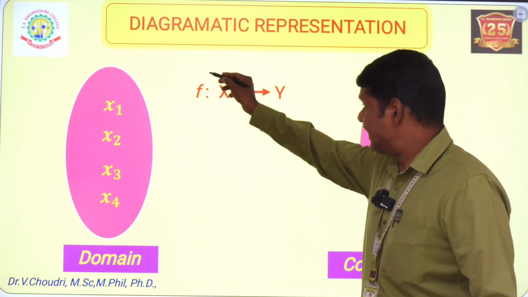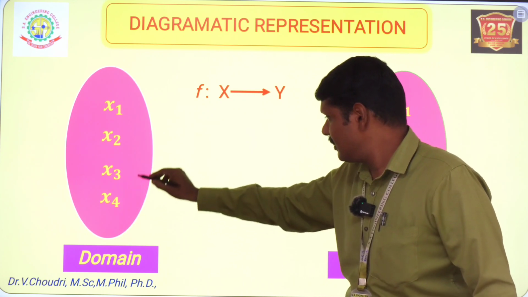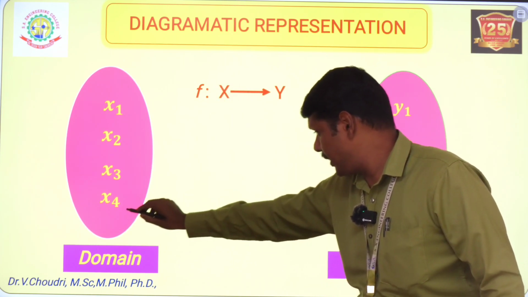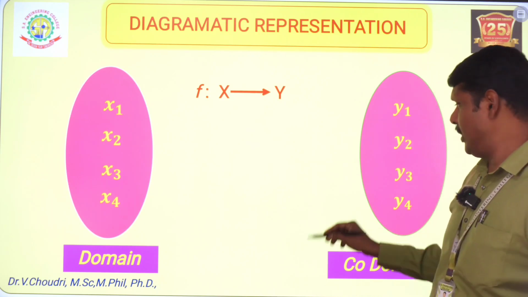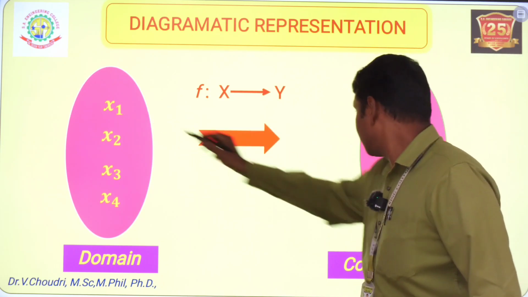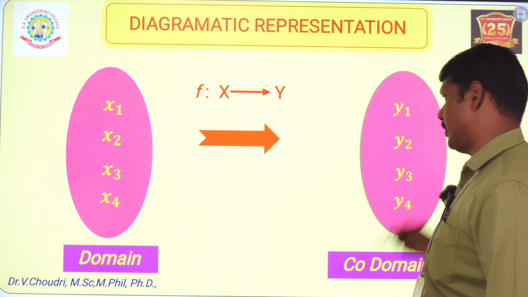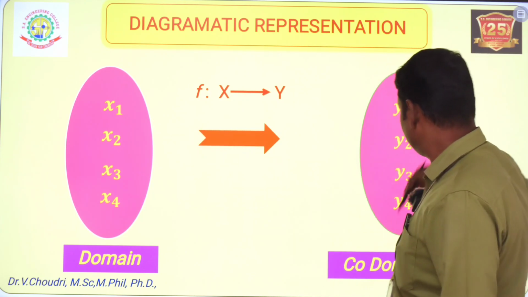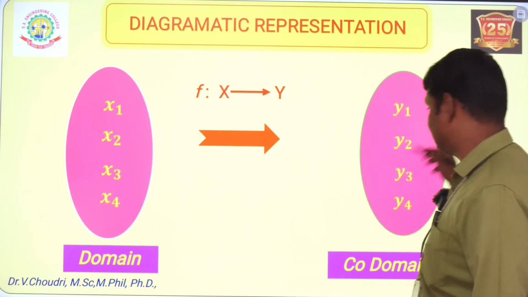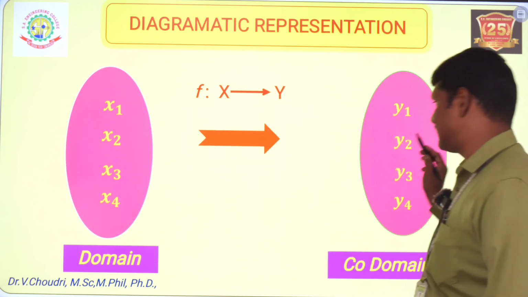Here f is the relation between domain and codomain. It may be x1 with y1, y2, y3, y4, or x2 with these elements, x3 with these elements, or x4 with these elements.